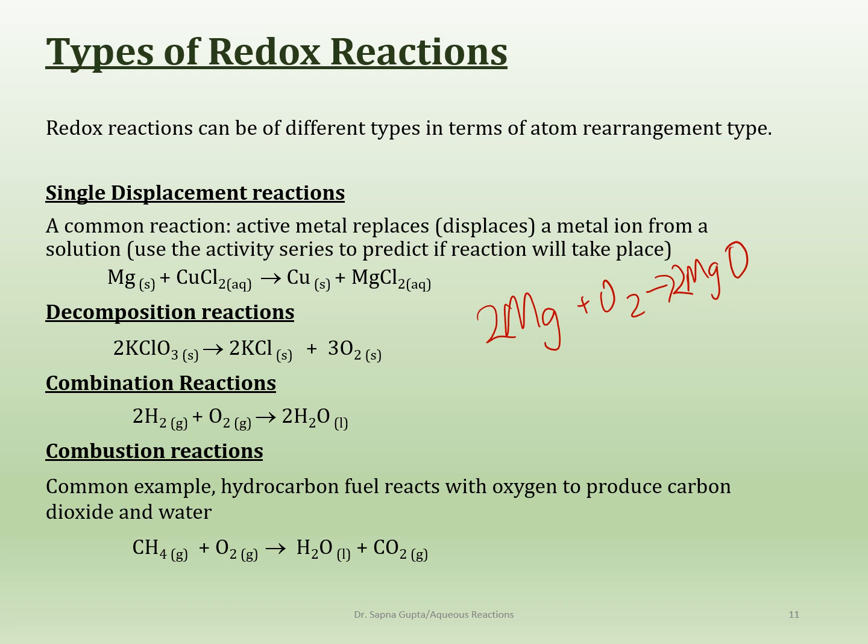Okay, so right now, oxidation numbers. So magnesium on the left hand side is 0. Oxygen here is also 0 because both are in elemental state. Magnesium on the right hand side is +2. Oxygen is -2. So I said magnesium was adding on oxygen, so magnesium was getting oxidized. But now you can clearly see it also. So magnesium is losing electrons, so this is oxidation.